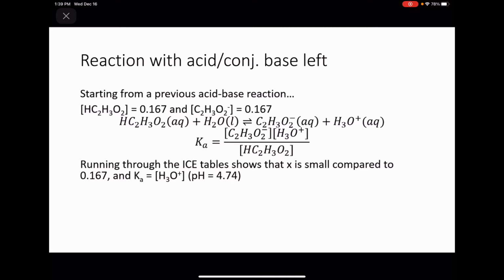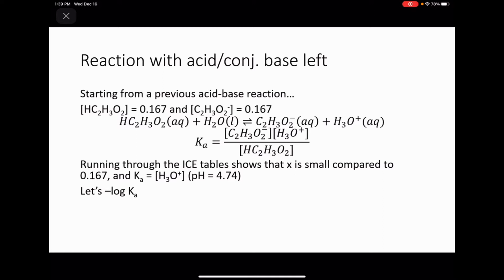So it's small compared to the acetate concentration, and small compared to the acetic acid concentration. If we plug those 0.167s into the Ka, we'd find that the Ka reduces to basically the H3O plus concentration, and in the end, the pH is 4.74 without doing the math.